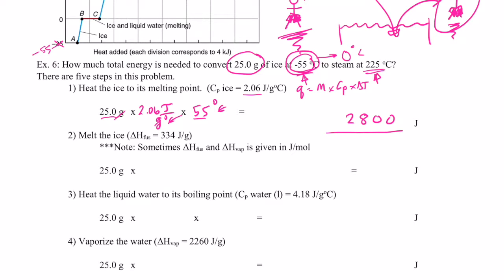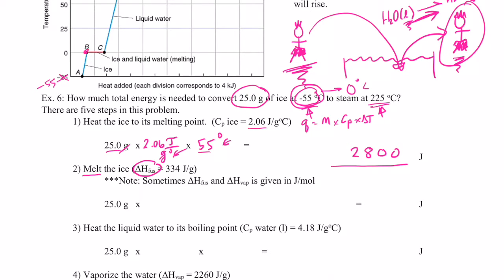Now what I need to do is melt the ice, and so I'm going to use my heat of fusion. You can see on my graph right here, I'm at point B, and I need to melt it and get it all into its liquid phase to C. That takes energy for that phase change, and that's called heat of fusion. So I have my 25 grams, and it requires 334 joules per gram of water to melt.